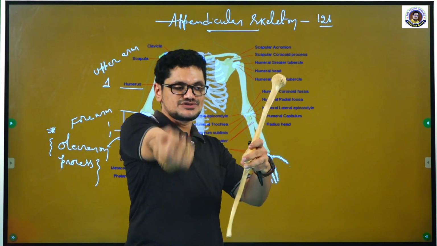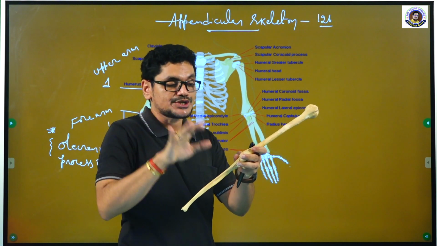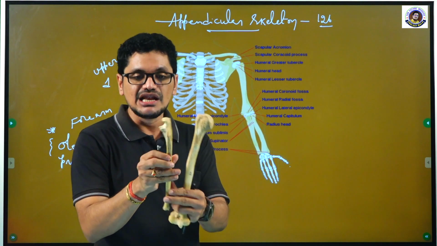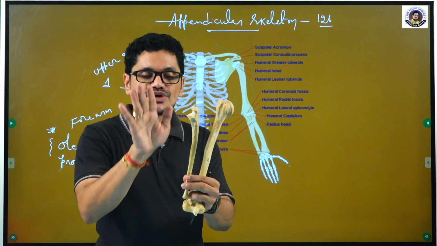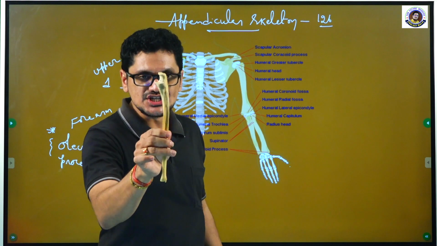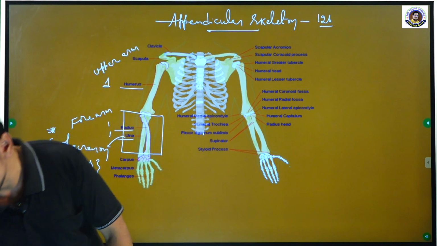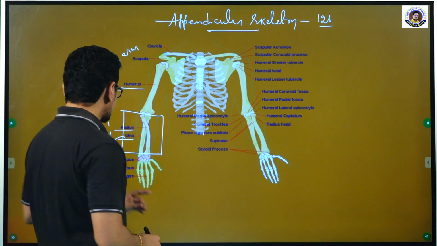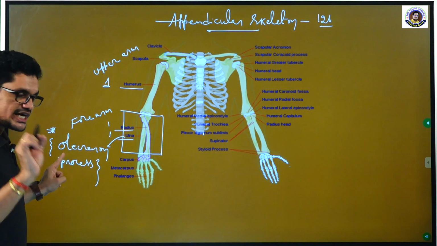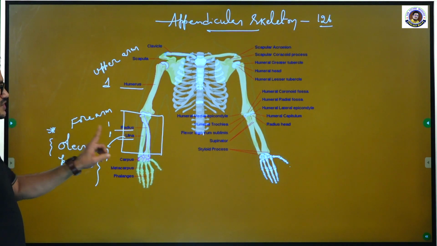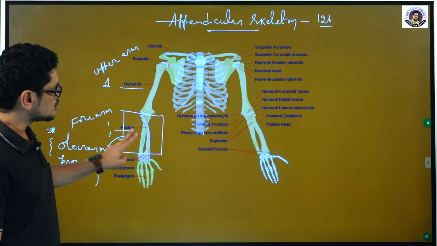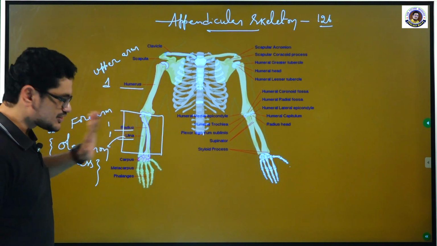I will tell at the time of joints, but my intention is not to explain joints at this level. Now I want to explain what is ulna. So this is the ulna bone, and this one is the radius bone, humerus bone. Already I have shown a very striking feature of the ulna, olecranon process, radius and ulna. These are the two bones, and here humerus. So total 3 bones over.